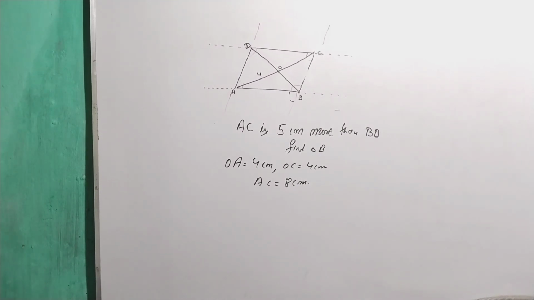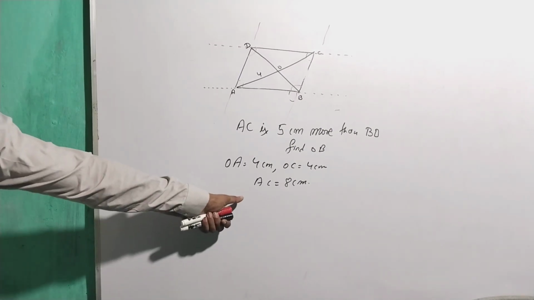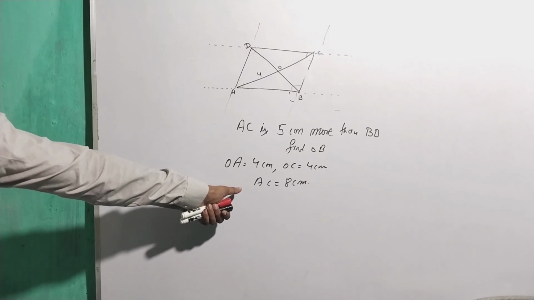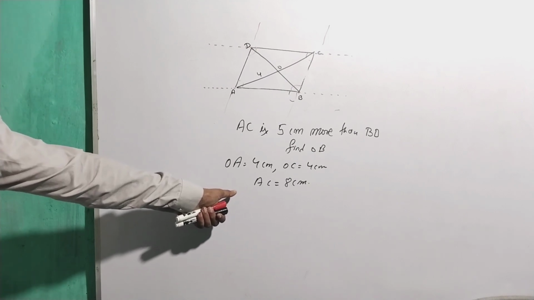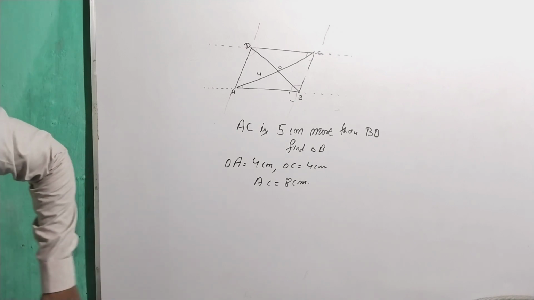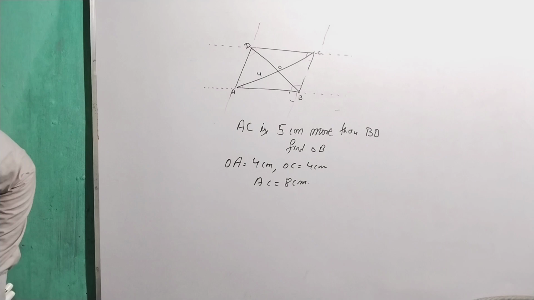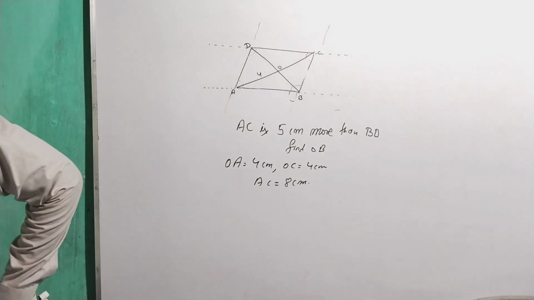And what they're saying about BD? Okay, they're saying that AC we have the value. Wait for a second, there is a small mistake maybe.